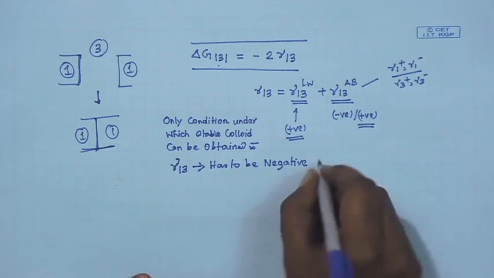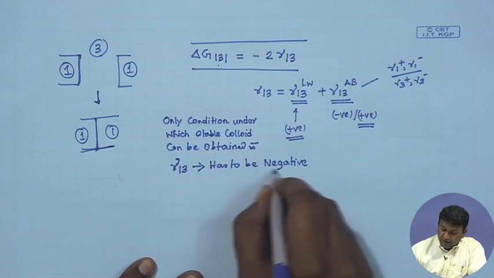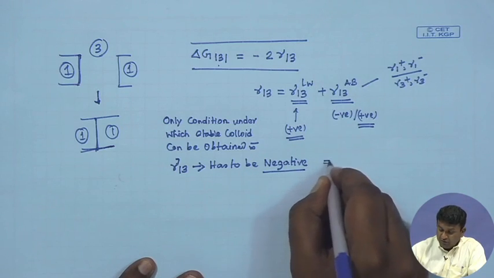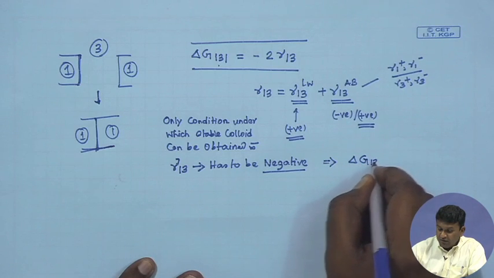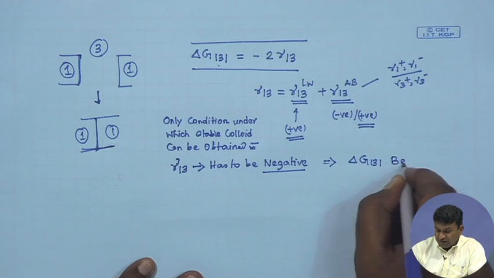So, the only condition for colloidal stability is gamma 13 has to be negative, which would imply that delta G 131 becomes positive.